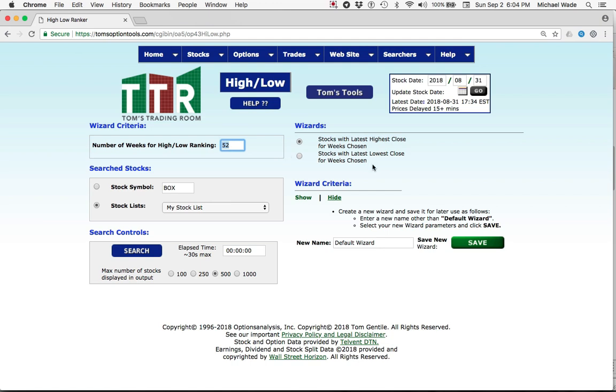Or we can look for the stocks with the lowest close for the number of weeks chosen. And I've got 52 here. You can make that number a few thousand if you want to look for all-time highs. But I'm going to stay with 52-week highs. Believe me, a stock that set a 52-week high is a stock that's on the run. So let's go ahead and do a search.